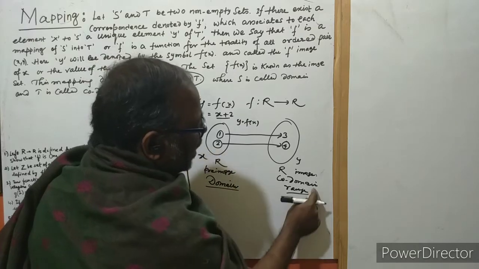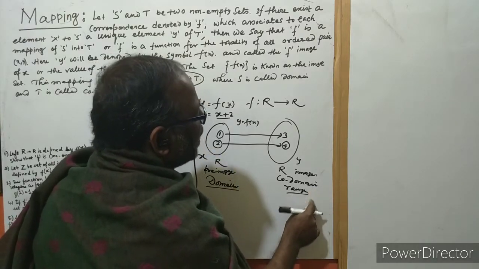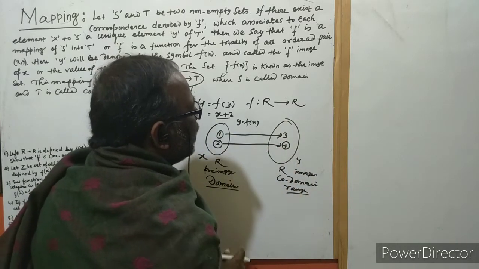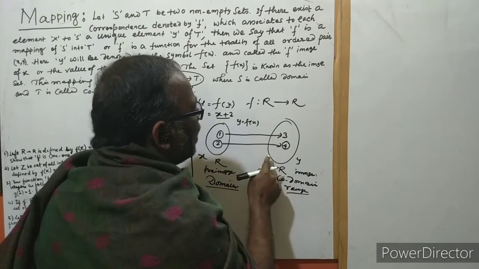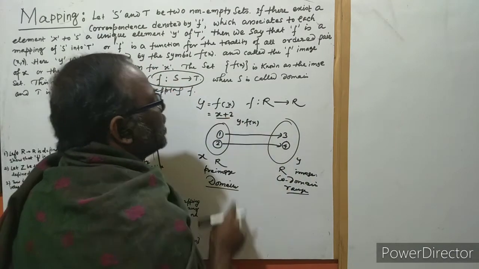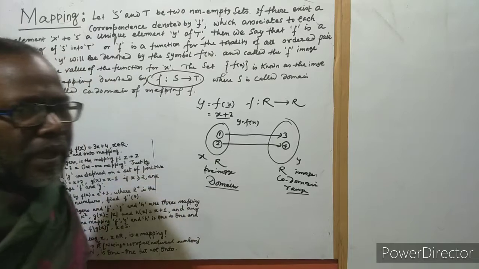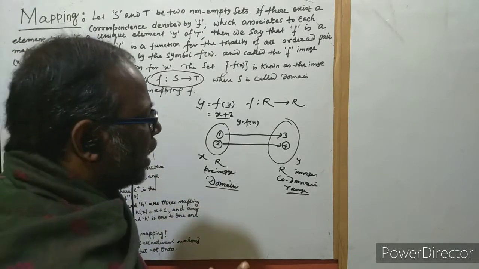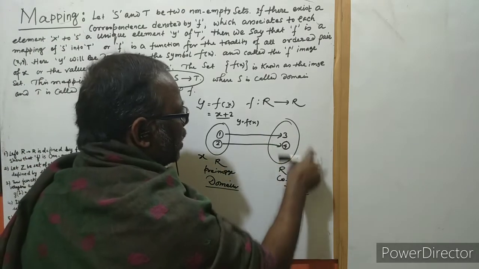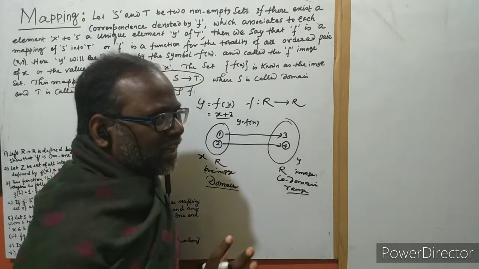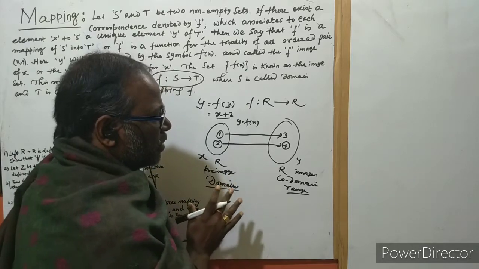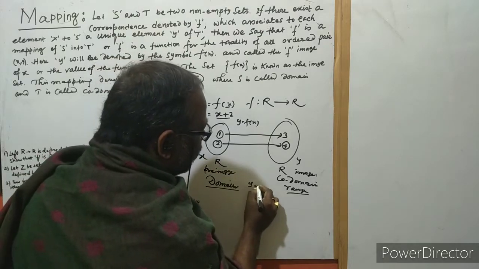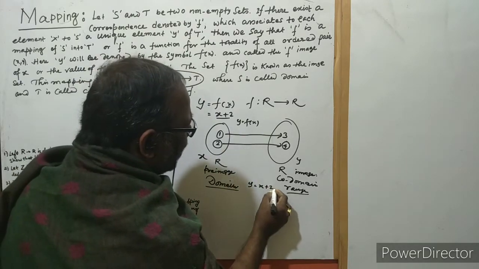When range and codomain are both the same, then we can say this is an onto mapping. Actually, each and every real number satisfies this function. That's why it is called onto mapping. And for some functions, not all the values of the codomain are satisfied. For example, y is equal to x plus 2, as I have given here.